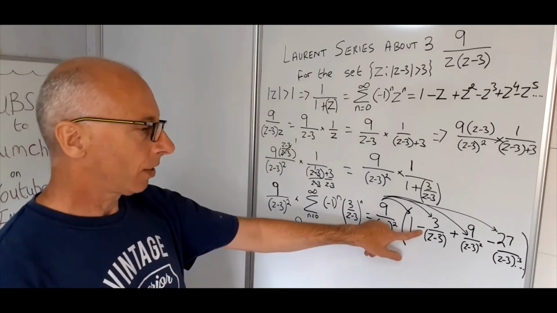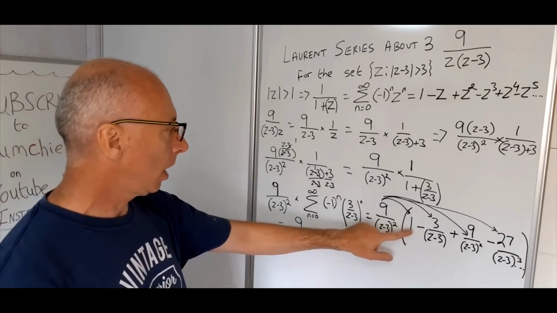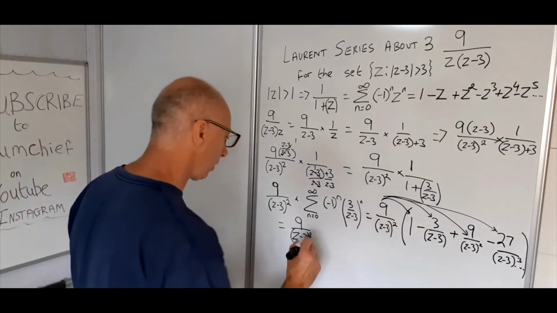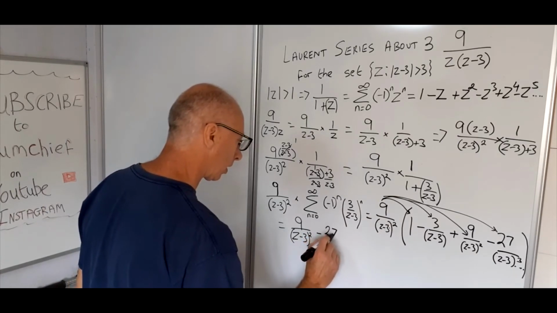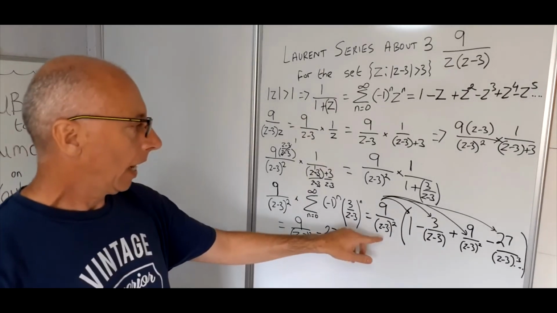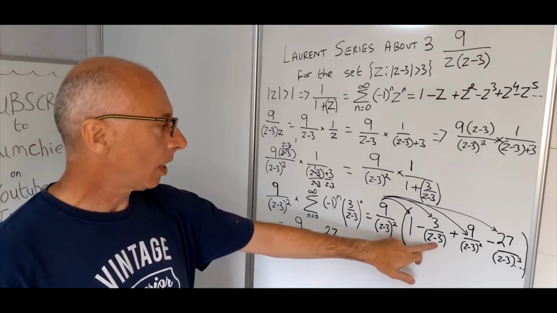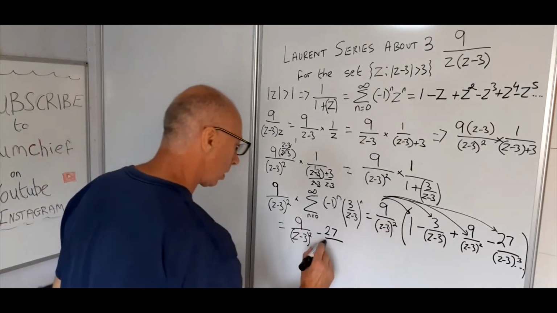Okay, so now we've got a minus sign. So we've got minus 9 times 3, so that's minus 27. And then z minus 3 squared times z minus 3 is going to be z minus 3 cubed.